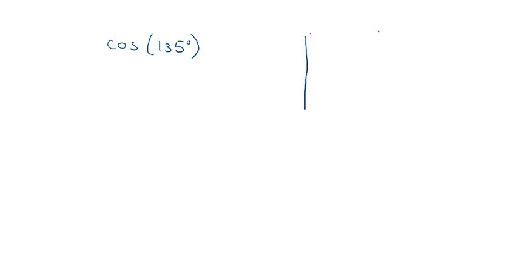First of all, I'm going to draw up my unit circle again, and here it is. And I'm going to be measuring 135 degrees from the positive direction of the x-axis. So that's over here like this. And when I say I'm measuring 135 degrees, I'm measuring it from here.